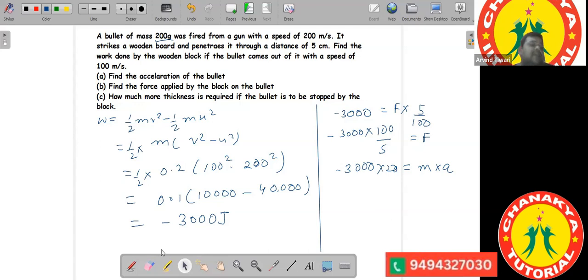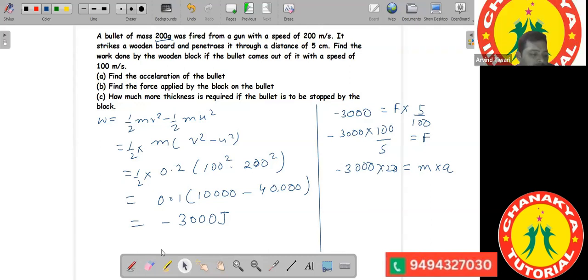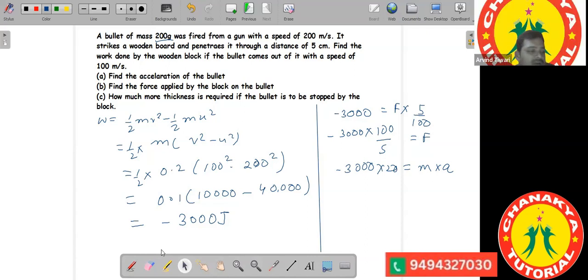Neil, you didn't get any answer? Sir, I got, sir, but I didn't calculate fully, sir. Okay. So minus 3 lakhs is what I got. Acceleration, minus 3 lakh. Okay.